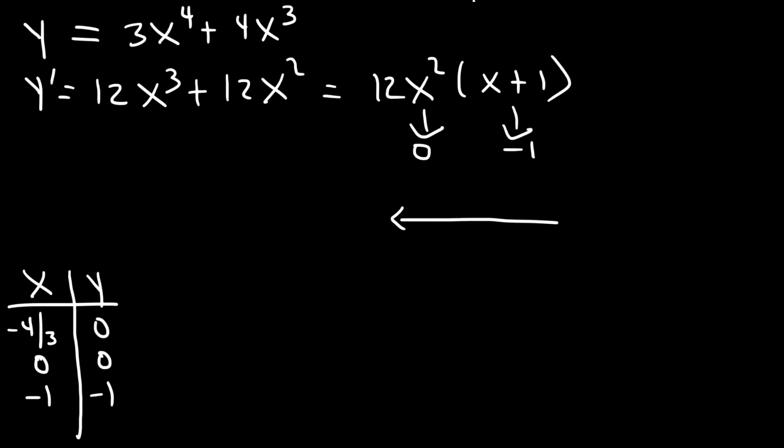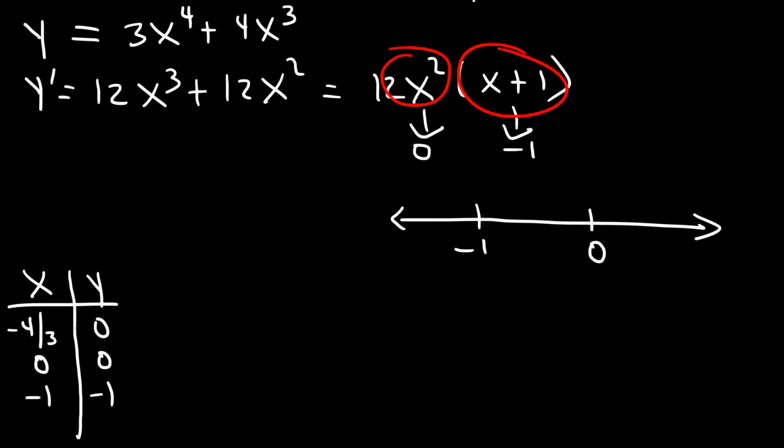Now let's plot the critical numbers on a number line. So if we plug in, let's say, 1, 1 plus 1 is positive, 1 squared times 12 is positive. If we try negative 1 half, this is squared, so that's going to be positive. Negative half plus 1 is also positive. If we try negative 2, this will always be positive because of the square.